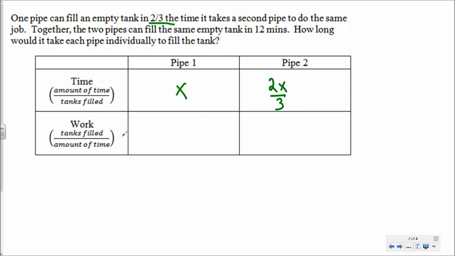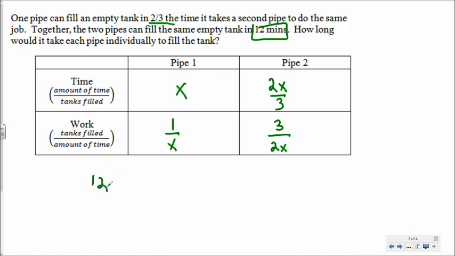So now again, just like before, if it takes the pipe x minutes to fill the tank, 1 over x of that pipe gets filled per minute, the reciprocal. And just like before, the reciprocal of this would be 3 over 2x. So now I'm going to set it up in that second method. They're working together for 12 minutes.